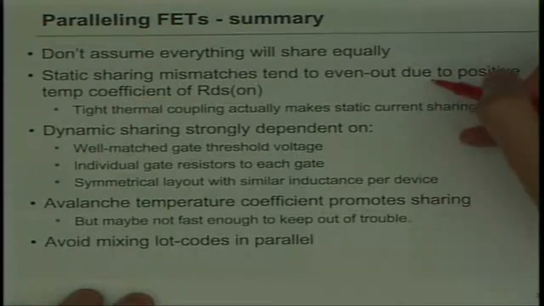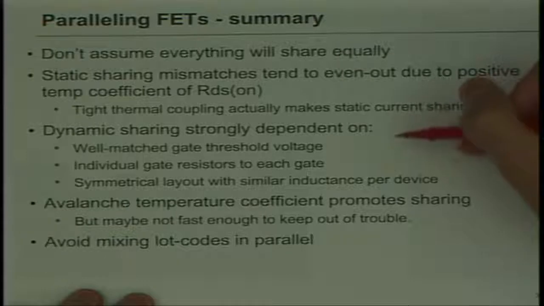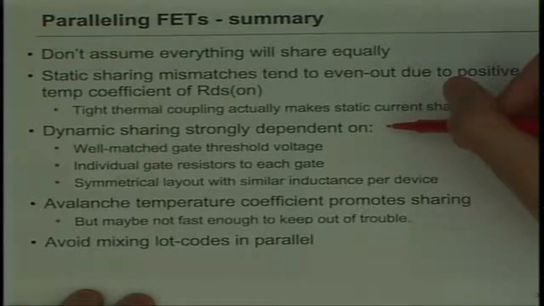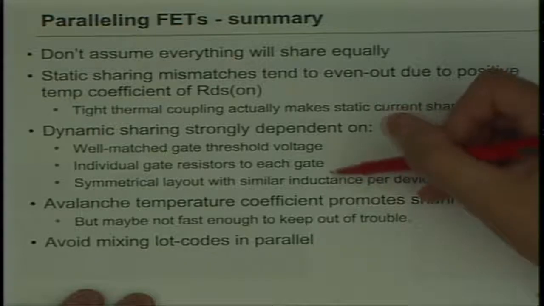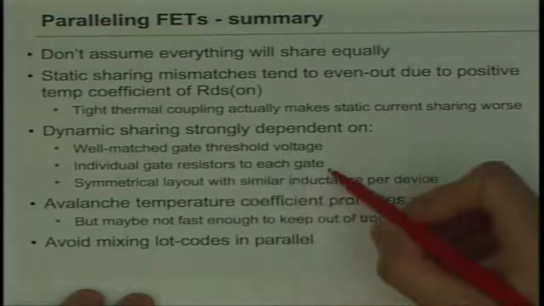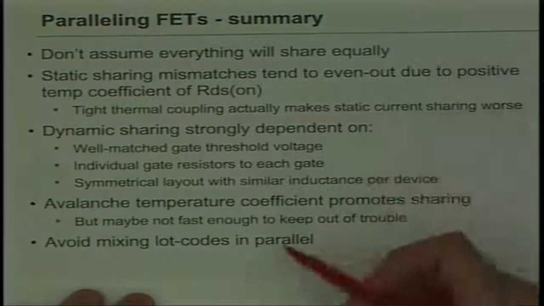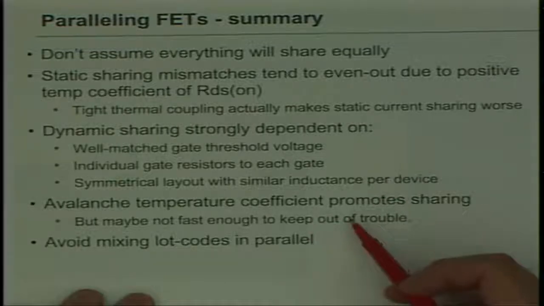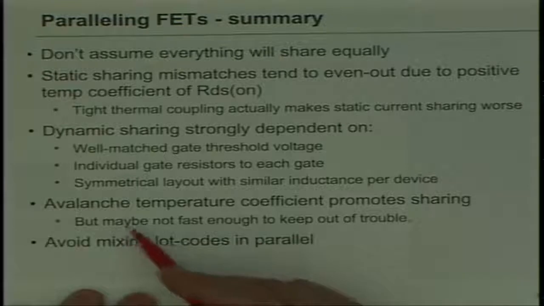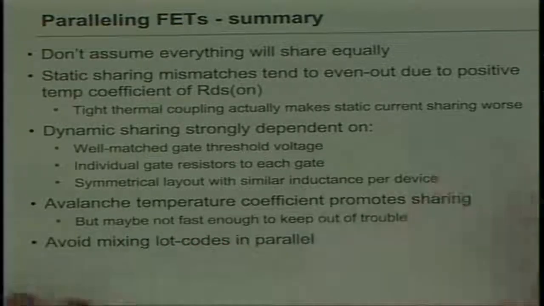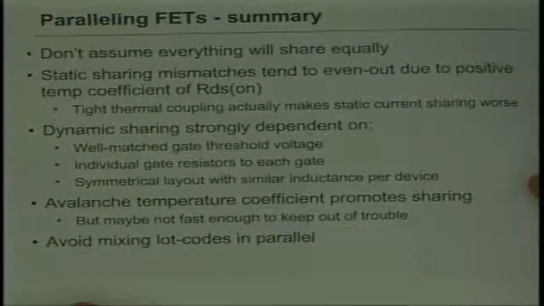Static mismatches will tend to even out, but dynamic mismatches depend strongly on gate threshold and the symmetrical layout. Use individual gate resistors on each gate. Avalanche temperature coefficient does promote sharing, but again, it depends on how fast it is and if the temperature gets time to equalize or not.